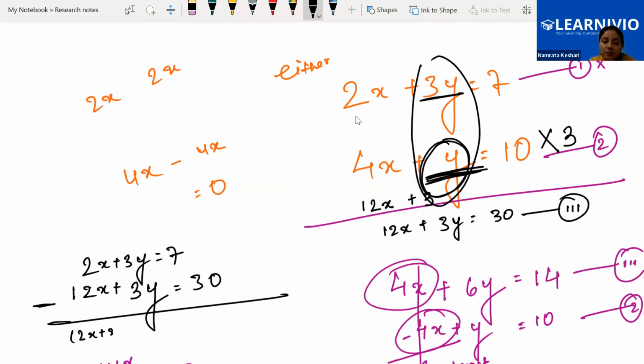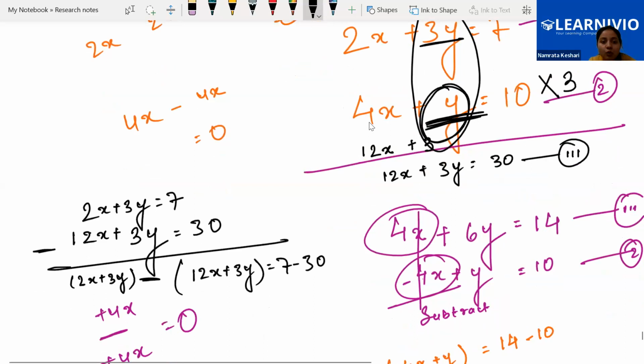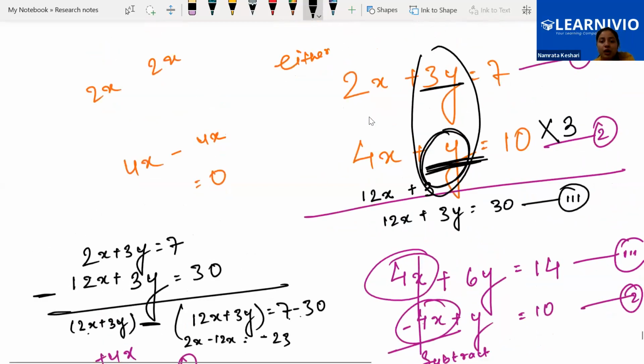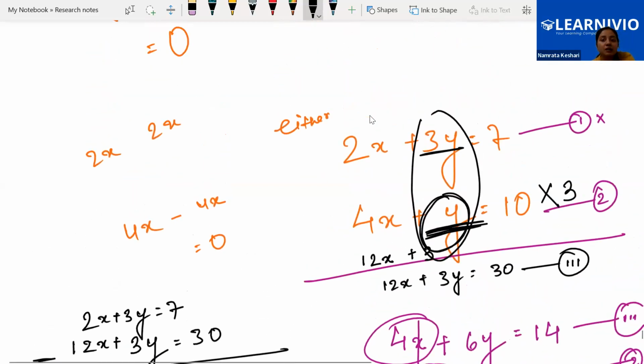Write it: 2x plus 3y minus 12x plus 3y is equal to 7 minus 30. Now open the bracket, do the subtraction. 3y will get cancelled out. 2x minus 12x will be on this side, and the other side will be 7 minus 30, which is minus 23. So basically I just want to show you how to proceed with the elimination method.